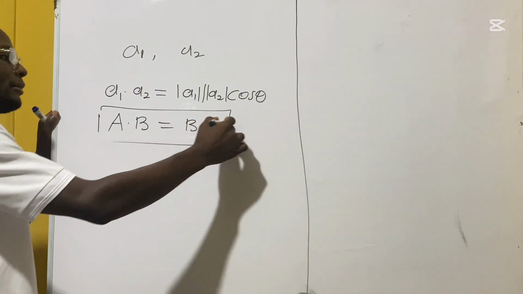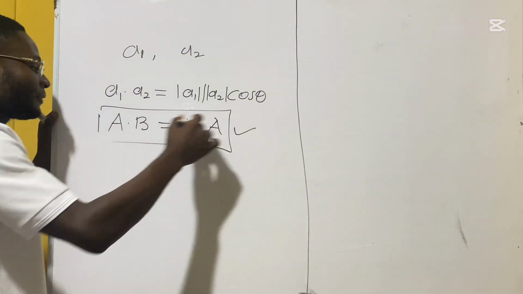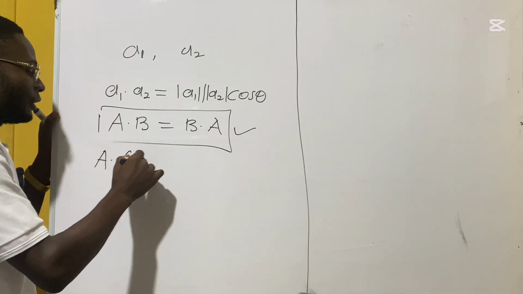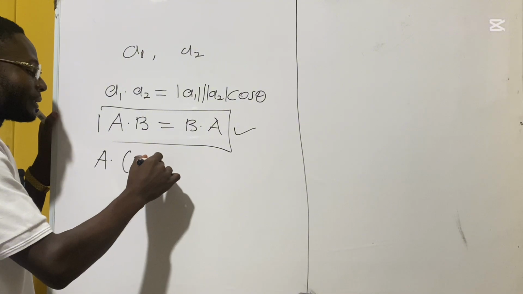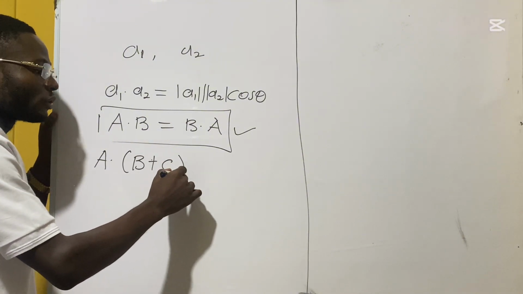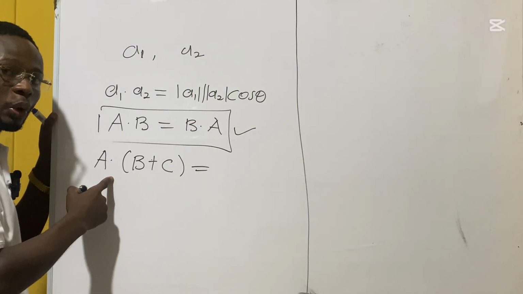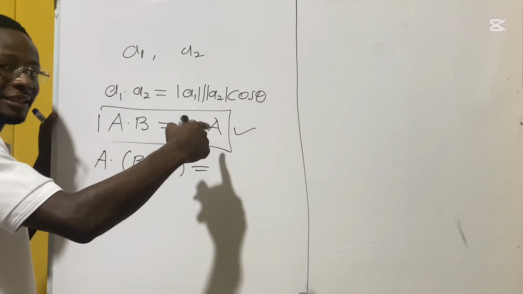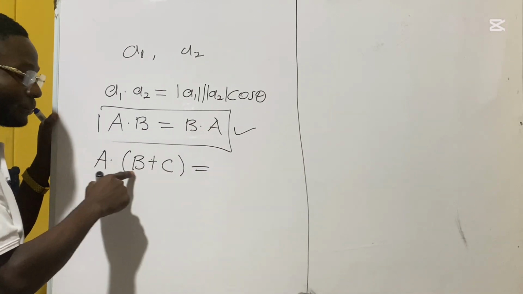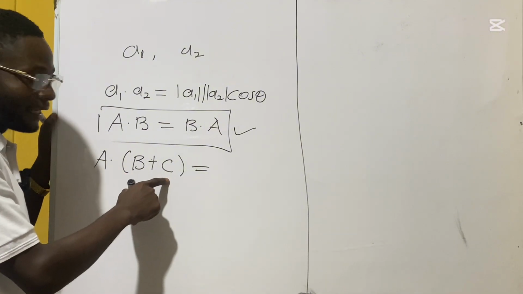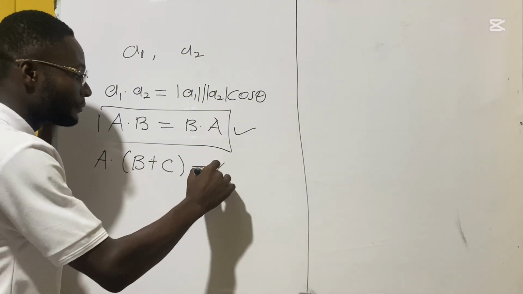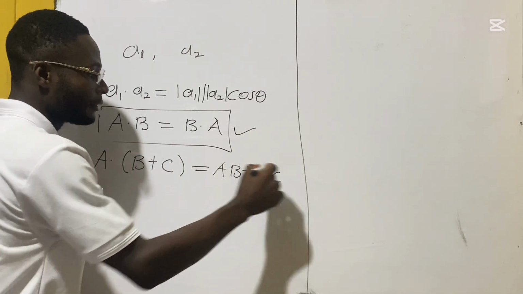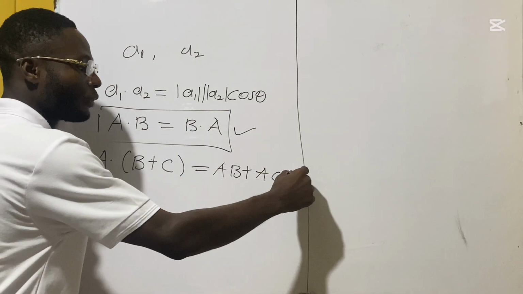Also note that A dot (B plus C) is distributive under the scalar product, because you can distribute A to all the items in the bracket, so we have A dot B plus A dot C. That is the second property.